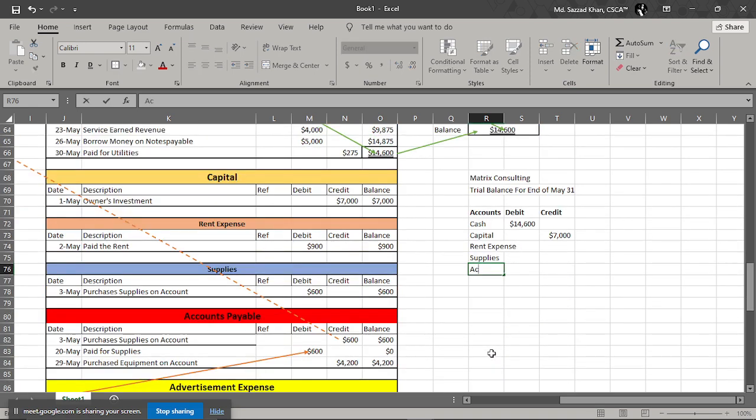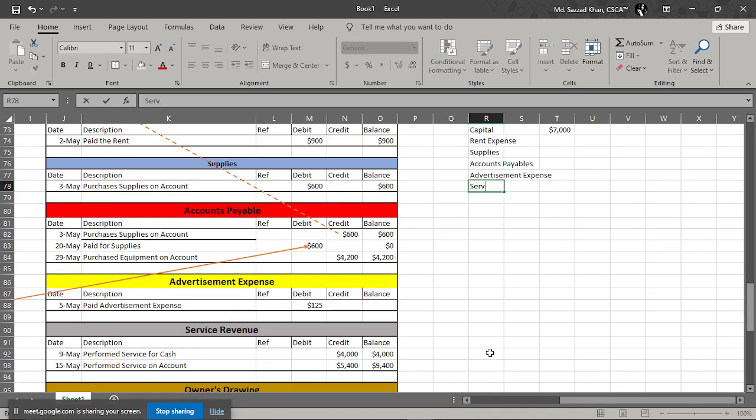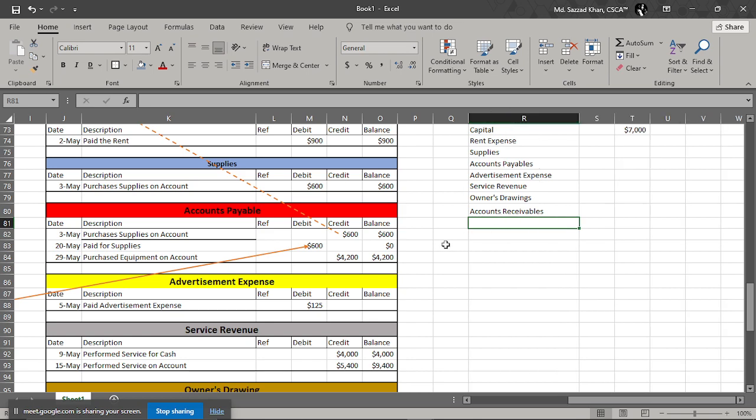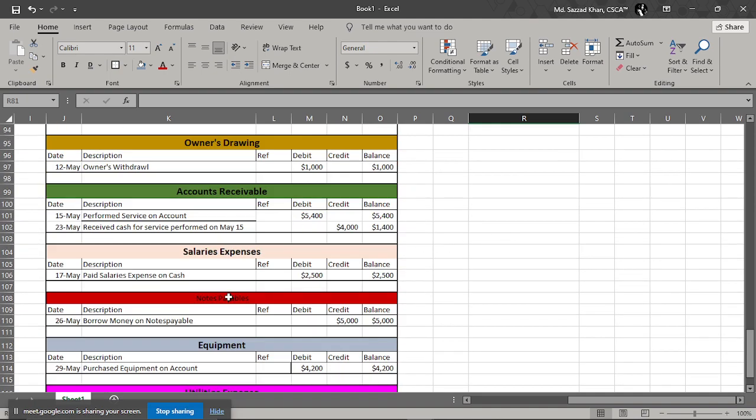We write down the account. Okay. Salaries expense, notes payable, equipment.